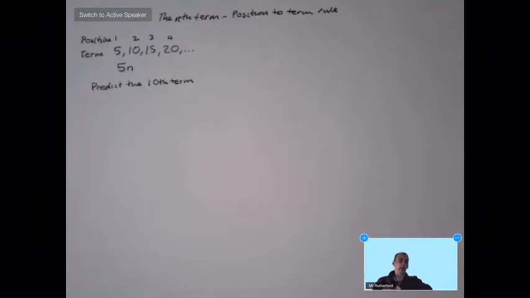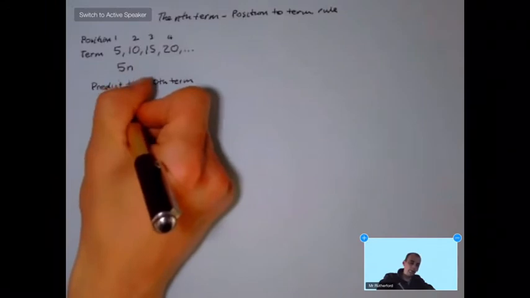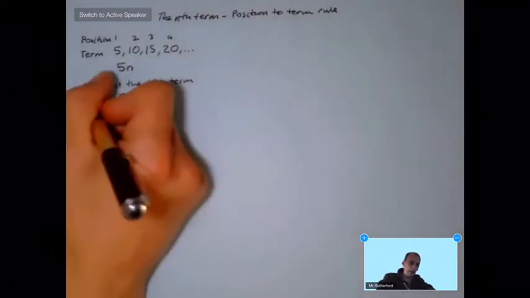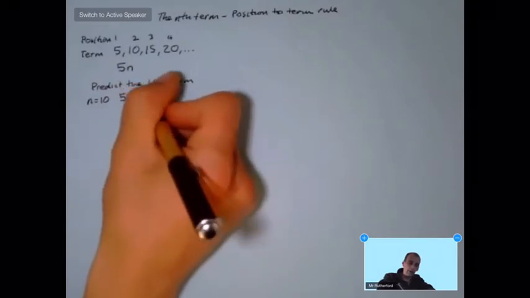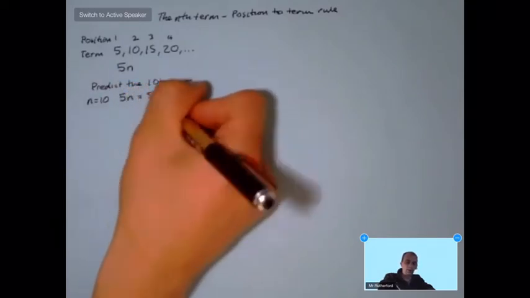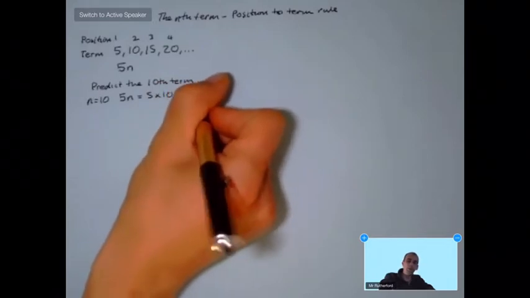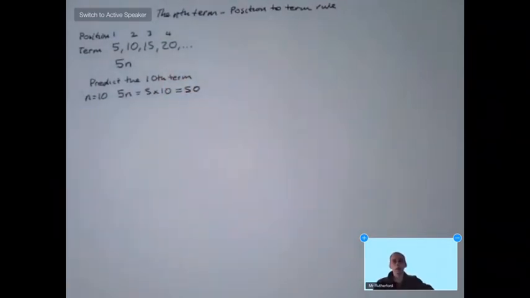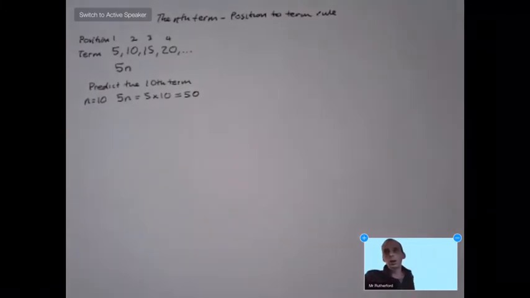However, it's much quicker if we do 5n becomes, when n is 10, 5n becomes 5 times 10, which is 50. So the position to term rule is really, really useful for predicting terms in a sequence.